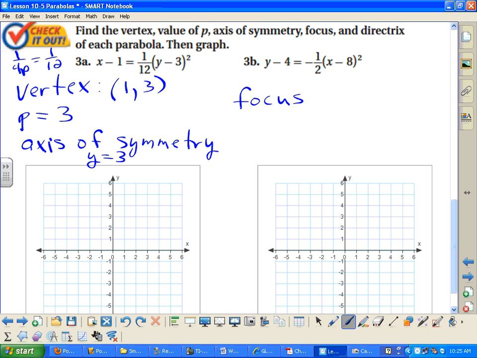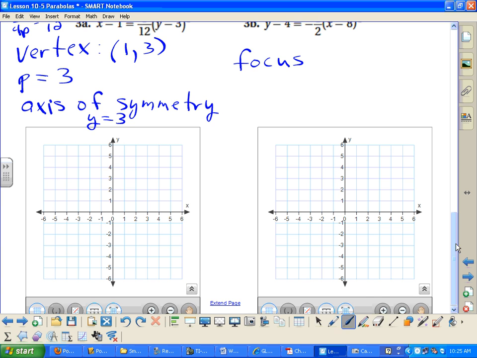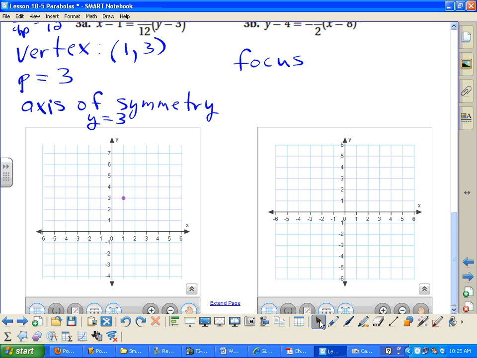Now, does this open to the left or to the right? Let's see, we got the vertex at (1, 3). And so let's pull this down here. And P is 3. Did we say it opens left or right? If P is positive, that means it opens to the right.